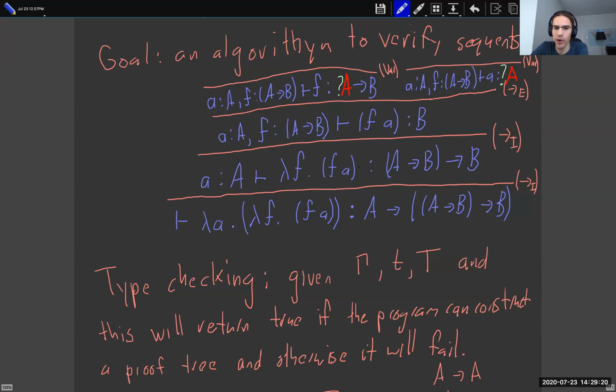Or I could say it from a logic perspective, which says that the lambda calculus term lambda A, lambda F, F of A, is a proof of the logical formula A implies B, implies B.